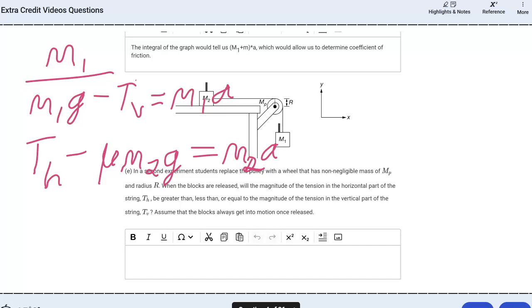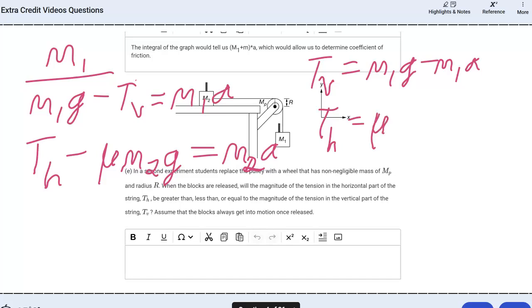So we could isolate the tensions. TV equals M1G minus M1A. And then TH equals mu M2G plus M2A.